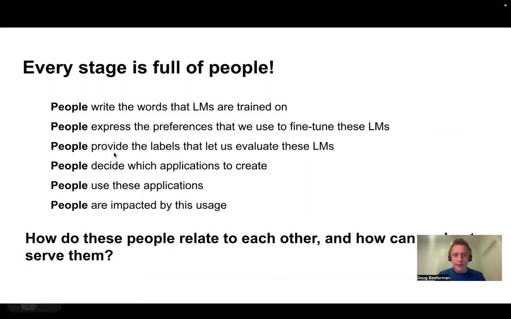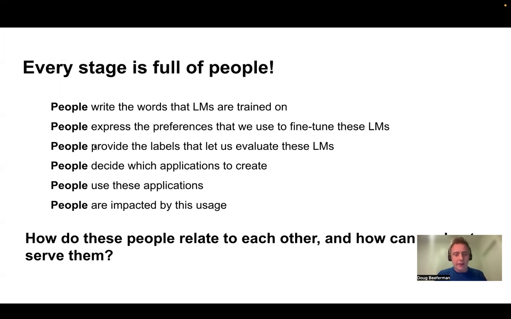So for language models, the data that we train the language model on, the so-called pre-training, is text or speech that was created by people. The fine-tuning of language models, such as the data that goes into the RLHF that more recent models use, comes from people expressing their preferences.